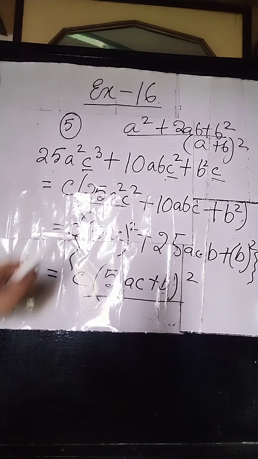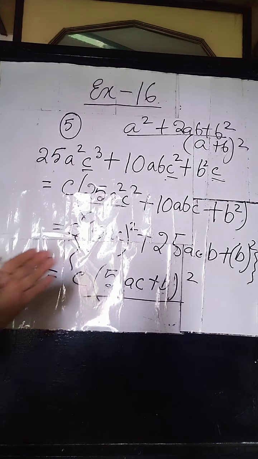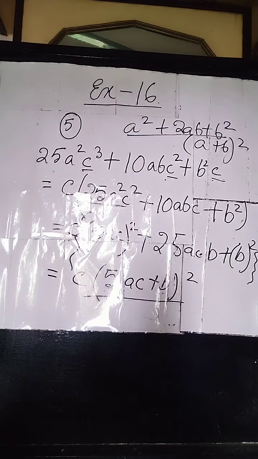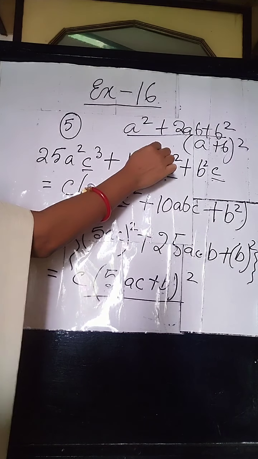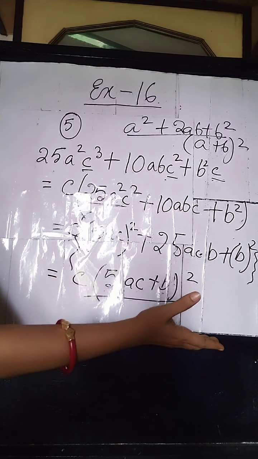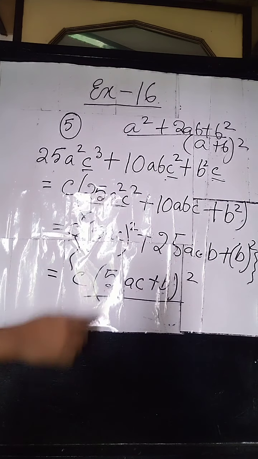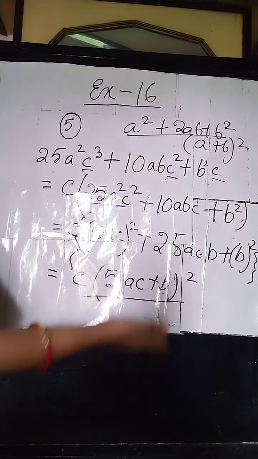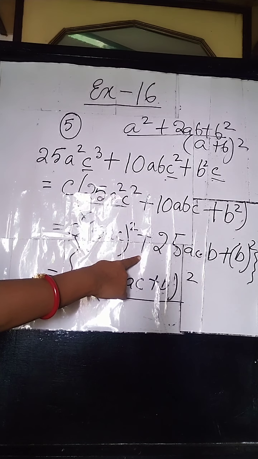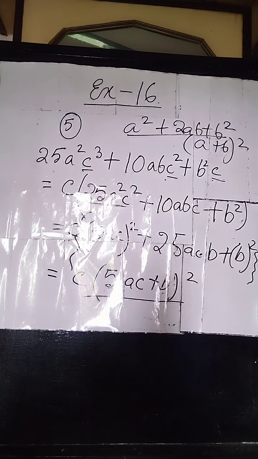First you will take that common factor outside the bracket and then you will solve the rest of the sum applying this formula. Either a plus b whole square or a minus b whole square, whichever you can relate with. Here plus is there, that's why we have related it with the formula a square plus 2ab plus b square is equal to a plus b whole square.